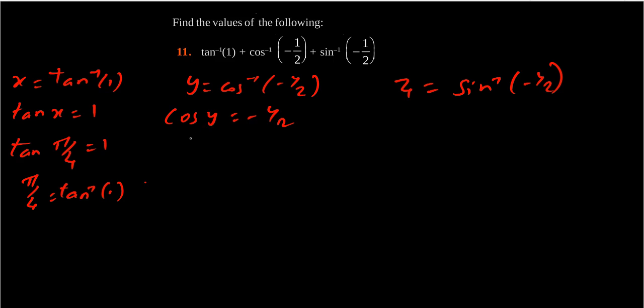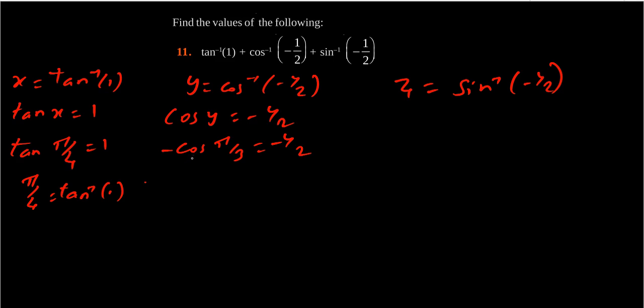So cos pi by 3 equal to 1 by 2. We have to get negative sign. So bring negative sign on both sides. So minus cos pi by 3 equal to minus 1 by 2. So minus cos pi by 3 equal to cos of 180 minus theta equal to minus cos theta.